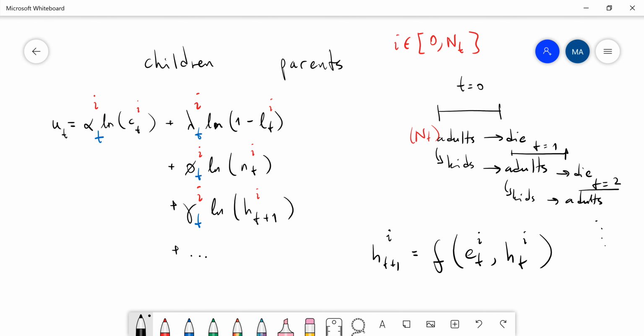So what happens if this person I maximizes utility by choosing consumption, labor supply, and the education spending, right? So here, the utility maximization is with respect to consumption, fertility, labor supply, and education spending in the simplest case, right?